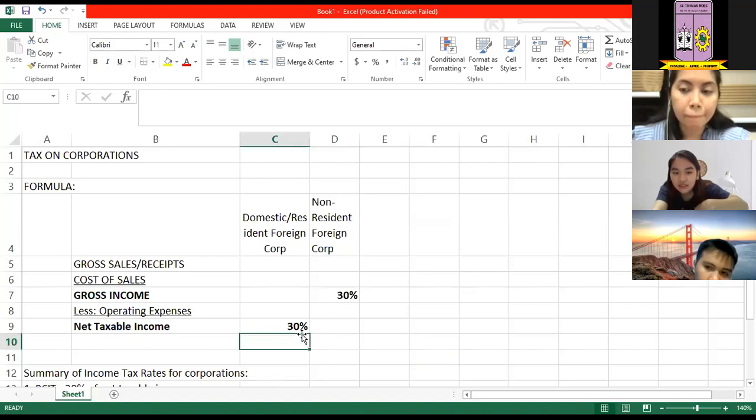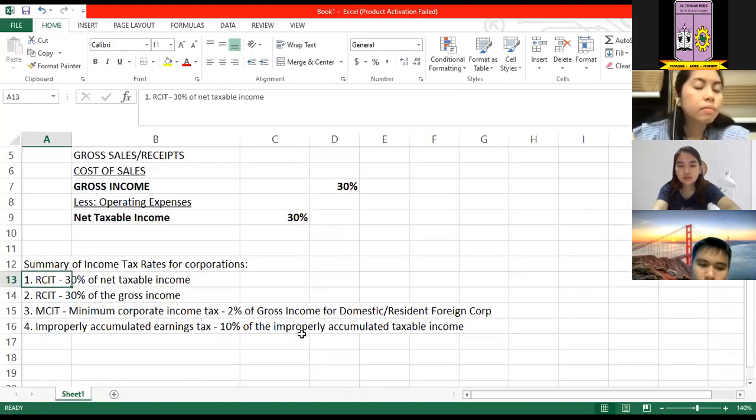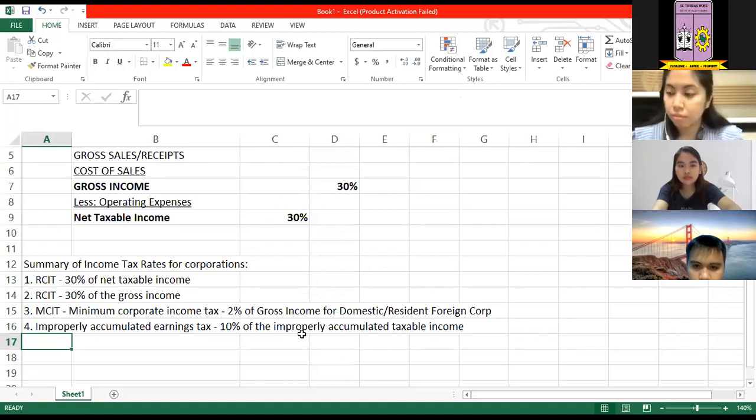Okay, sige. So let's start with ibalikan natin yung sinabi ko kanina, itong nakita natin na summary dito. These are the basic lang, no? General rule lang ito. Later, you will learn that there are also other tax rates here. Kasi merong mga preferential tax rates for certain kinds of corporations. Like schools, meron silang preference.